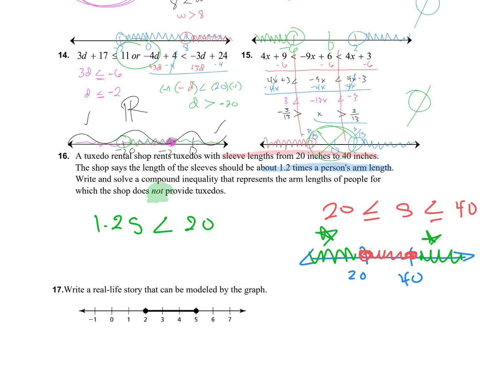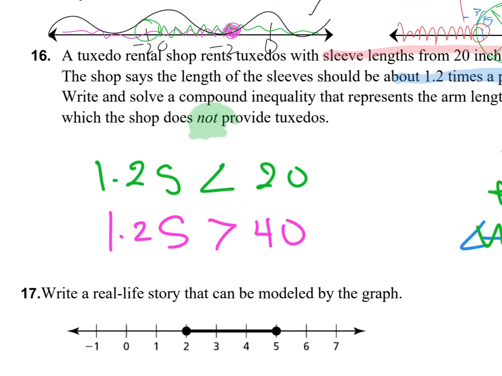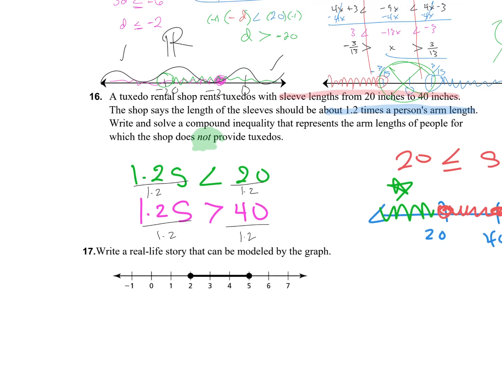So 1.2s is less than 20, or 1.2s is greater than 40. And then we can actually solve for both of these. So you would just do 20 divided by 1.2. In fact, here, I'm going to zoom in so that we do not have to rewrite this. Divide that by 1.2, divide that by 1.2.